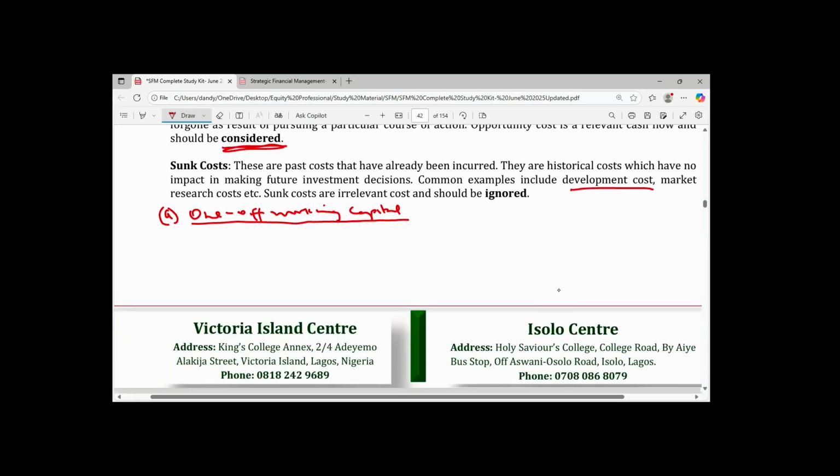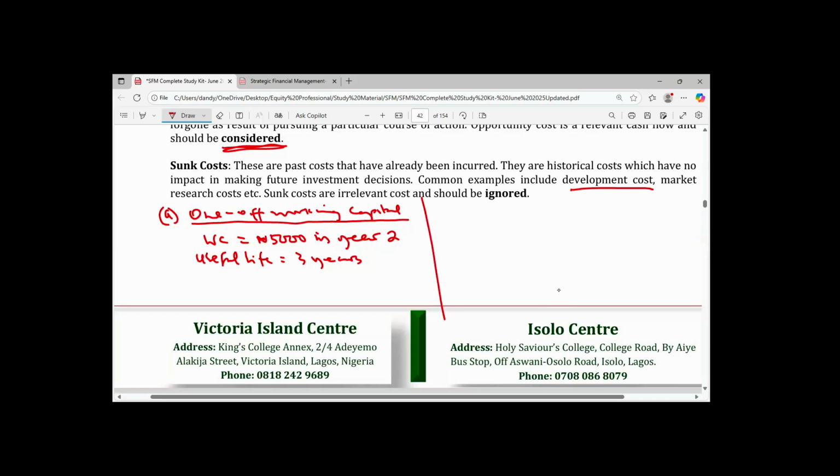Let's say, for example, you are told that a company will incur working capital of 5,000 naira in year 2, and let's say the useful life of this project is 3 years. So you can see this 5,000 naira will occur only in year 2. So that's a one-off. Therefore, how do you treat the working capital?